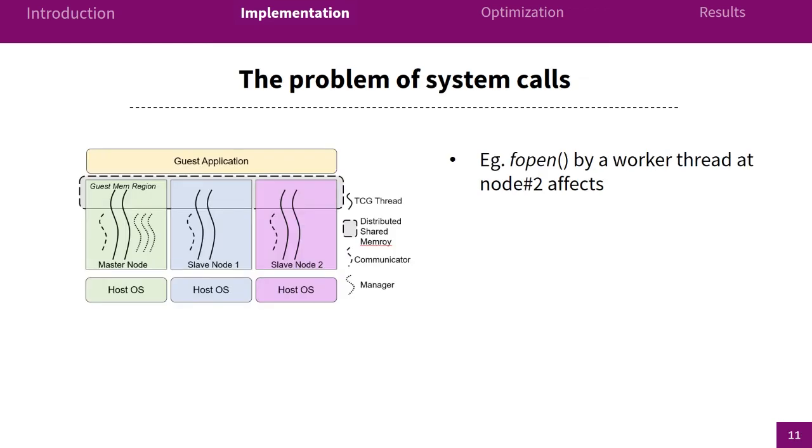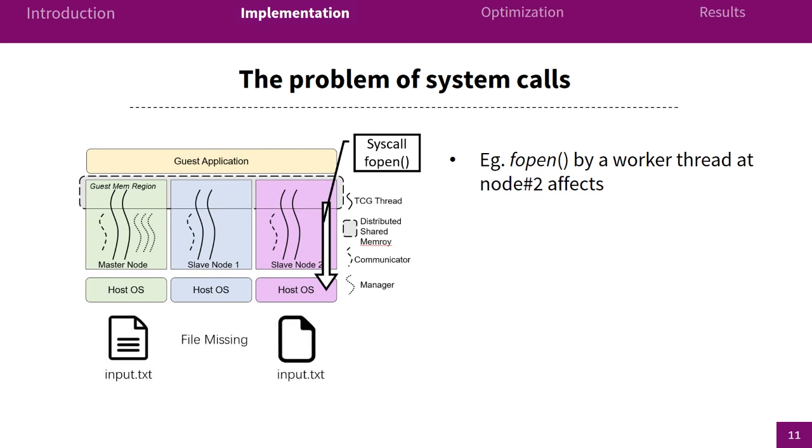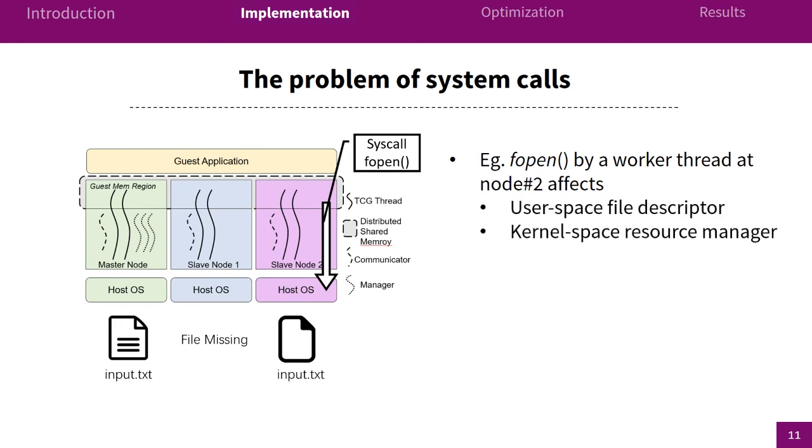After we implemented the distributed shared memory, we found that it still cannot correctly emulate the guest behavior, since system calls also affect the host kernel. For example, if there is a guest system call file open in node 2, and we emulate the file open in different nodes, it opens different files, and this is not what we want. System calls not only affect the user-space descriptor, but also the kernel-space resource manager.